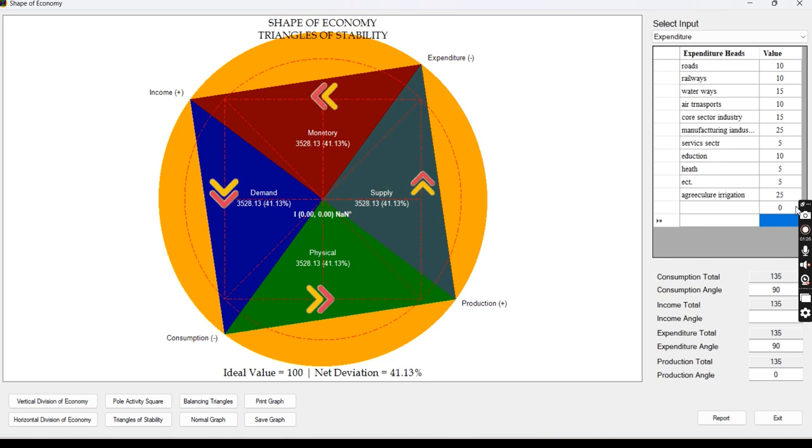I must claim that this facility, the shape of the economy, is offered only by this software. So please understand and appreciate it, and try to cultivate understanding in different forums in your own educational institute.